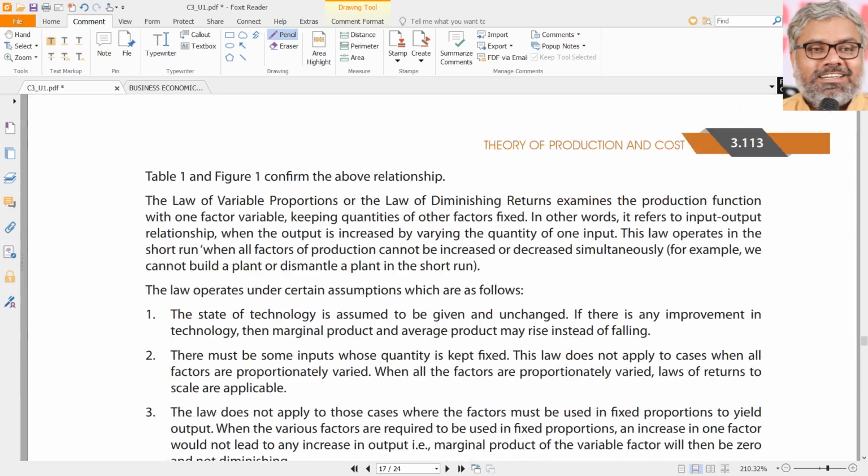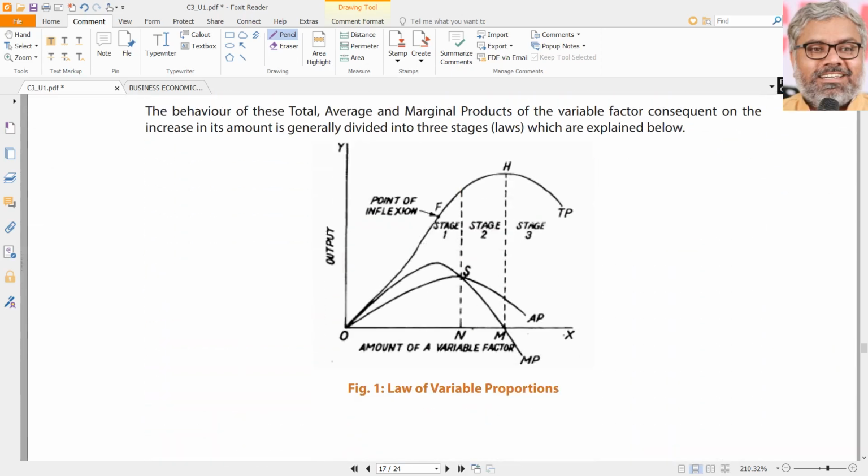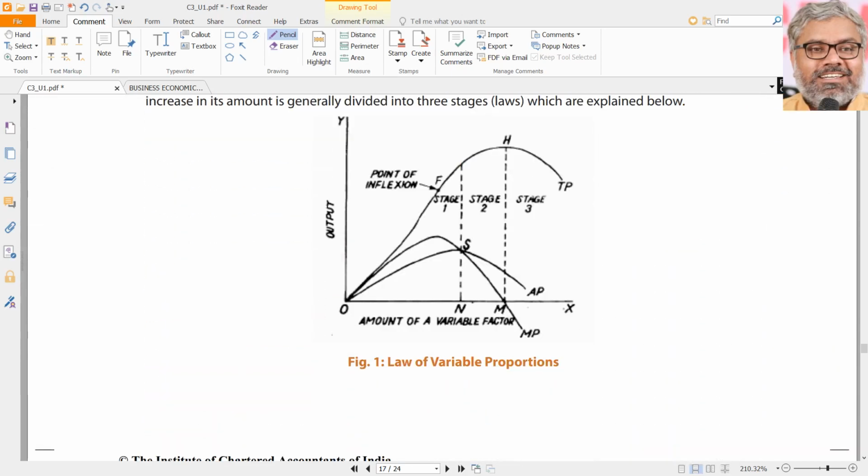Let us check the graph. Is it going to be like that? When can we say the average product is rising? We can say the average product is rising here. This is the place where average product was rising, because after this point average product started declining. But when the average product is rising up to this point, what is the common point you can observe? Is the marginal product curve above the average product curve or below it?